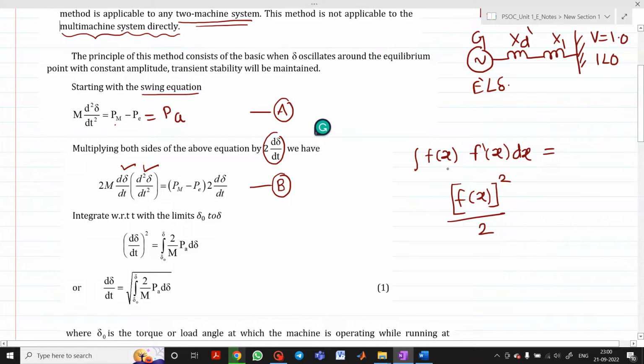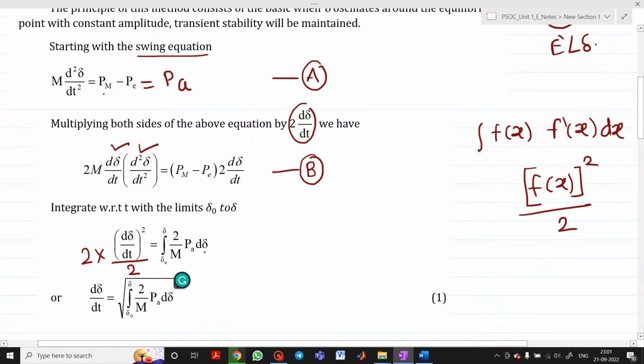In place of f dash of x you put d square delta upon dt square. So if you integrate it, we will get f of x square divided by 2. So I will write it here: d delta by dt whole bracket square, and the 2 will be there as it is, because f of x square upon 2. So 2 into d delta by dt bracket square upon 2 will be equal to the integration with the limits from delta 0 to delta of 2 by M Pa d delta.